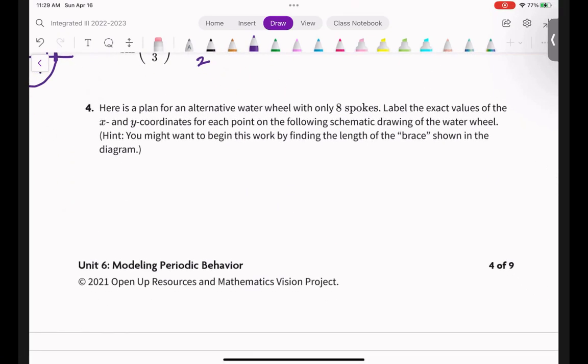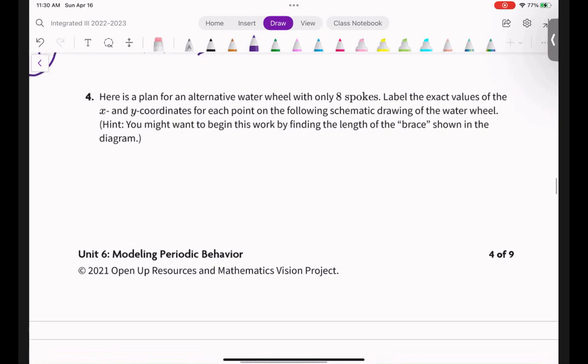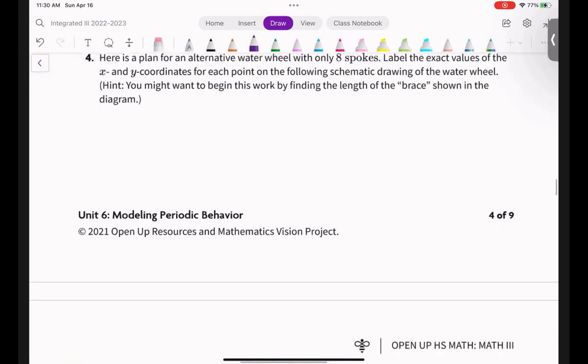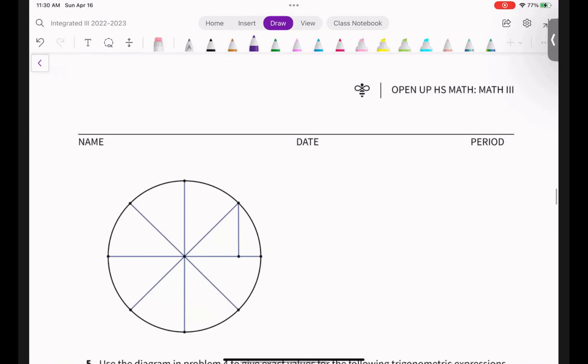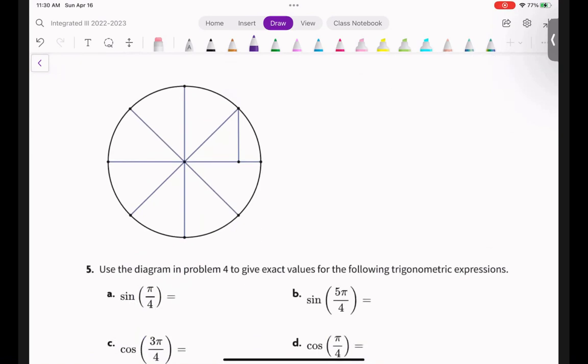Okay. The next part says, here's a plan for an alternative water wheel with only 8 spokes. Label the exact values of the X and Y coordinates for each of the following schematic drawings of the water wheel. Hint, you may want to begin this work by finding the length of the brace shown. So this is the same thing, except now we're dealing with the other special right triangle.